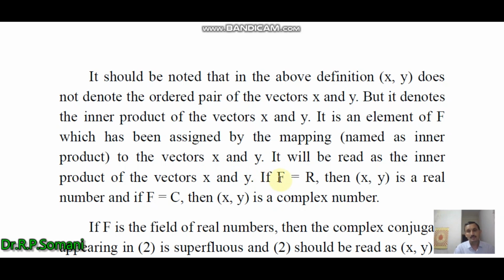In particular, if F equals R, then (x, y) is a real number, and if F equals C, the set of complex numbers, then (x, y) is a complex number.